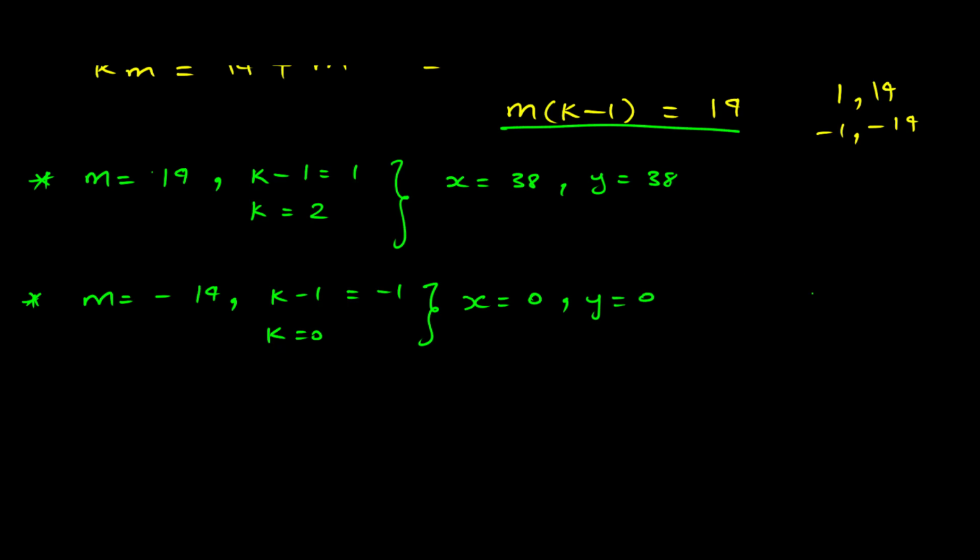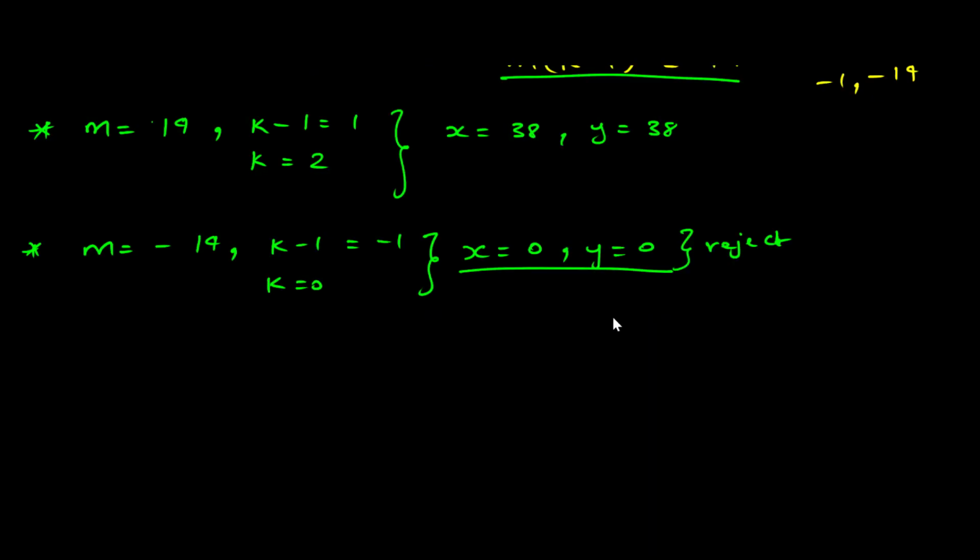However, we have to disregard this solution. As stated earlier, either x or y has to be a multiple or a factor of 19. So 0 and 0 isn't a multiple of 19, so this solution is invalid.